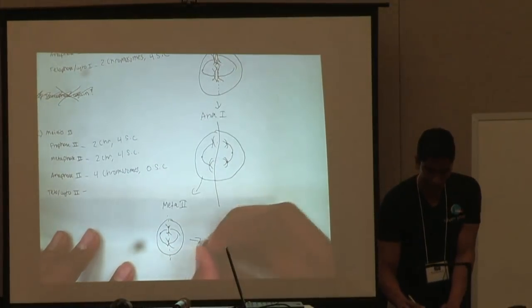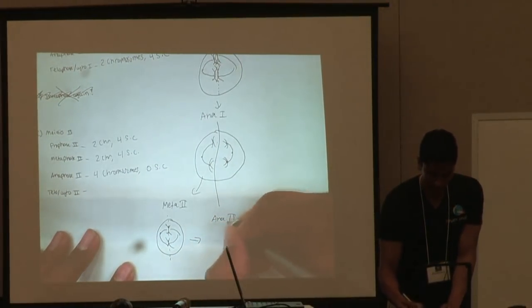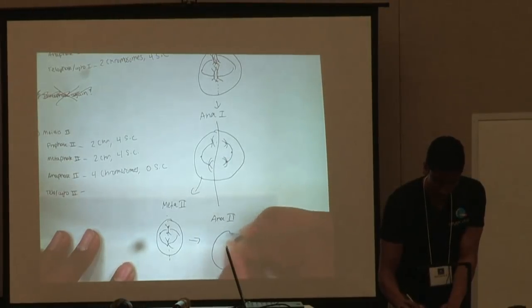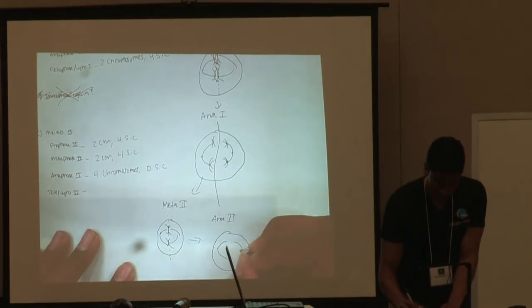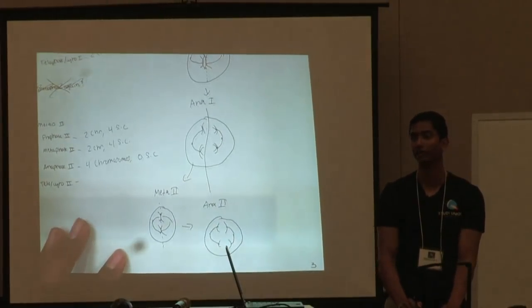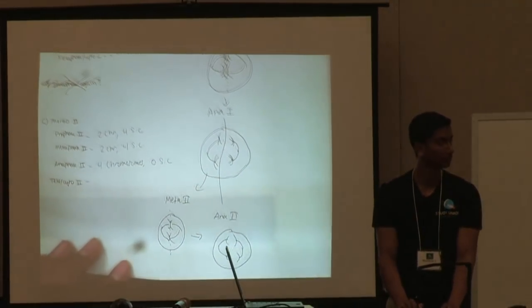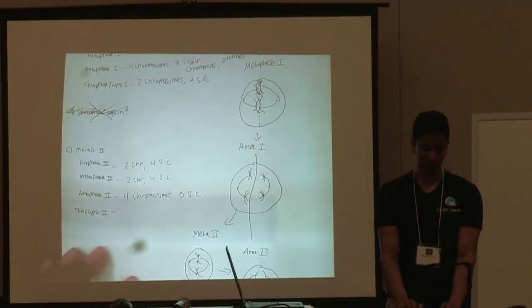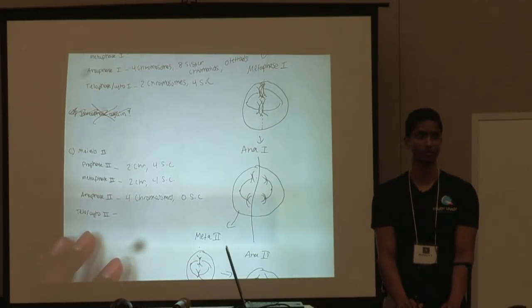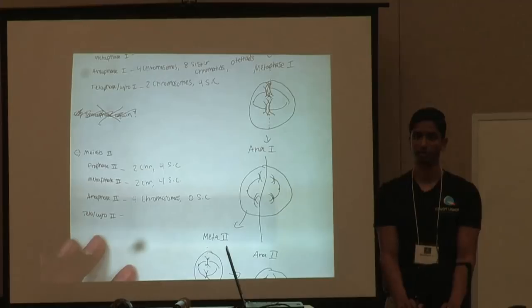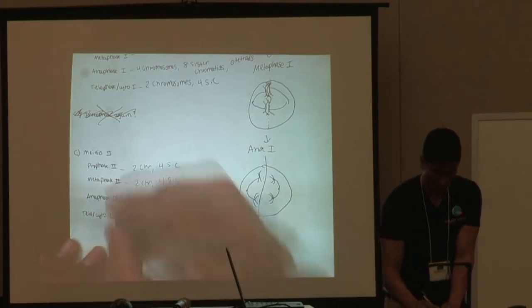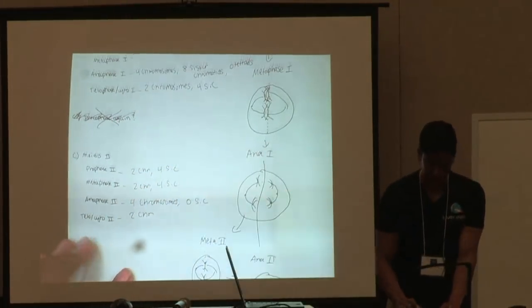And then they get pulled apart. So we have 4 now. And then telophase and cytokinesis, how many chromosomes? Per cell? 2. Sister chromatids?